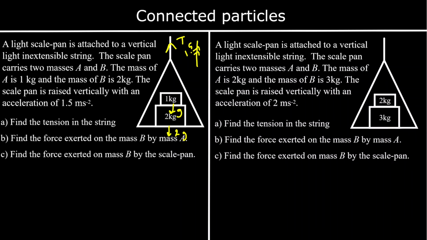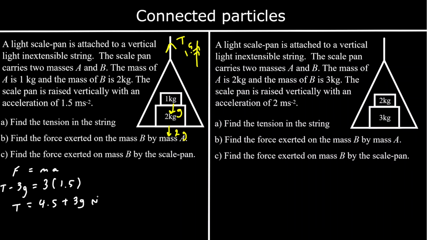So if we do for the whole system, F equals ma, T is the force going up, take away 3g, which is the force going down, that's equal to the mass, which is 3, times acceleration, which is 1.5. So the tension is 3 times 1.5, which is 4.5, plus 3g.